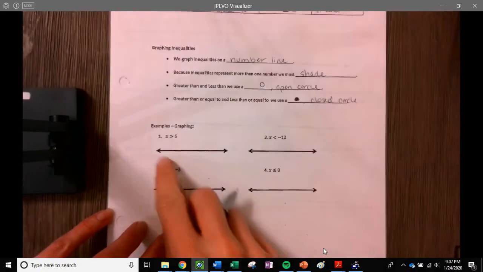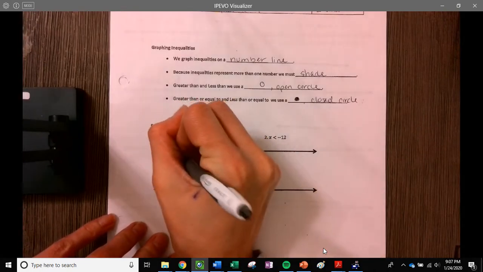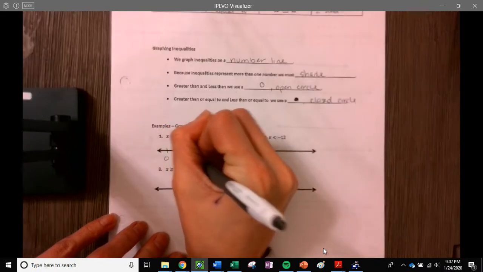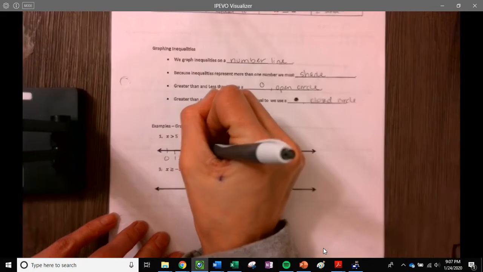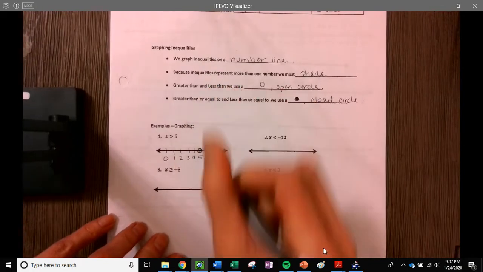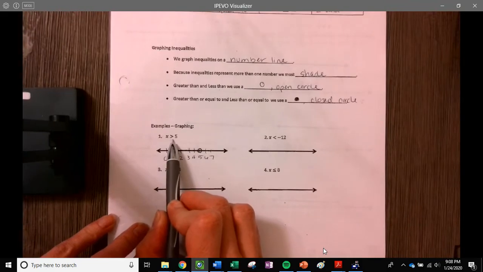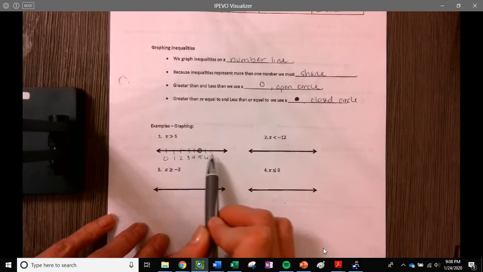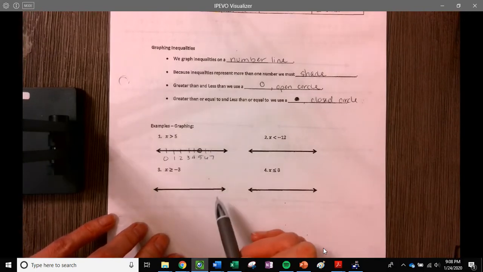Right, so if we're graphing x is greater than 5, then I'm going to start at 0, 1, 2, 3, 4, 5. I would label my number line, give a couple extra. I'm going to find that value, and I'm going to use an open circle because it's greater than with no line underneath. So I'm telling myself that x could be all of the values bigger than 5, but not including 5.